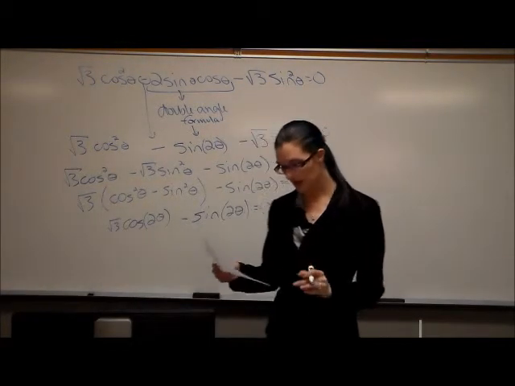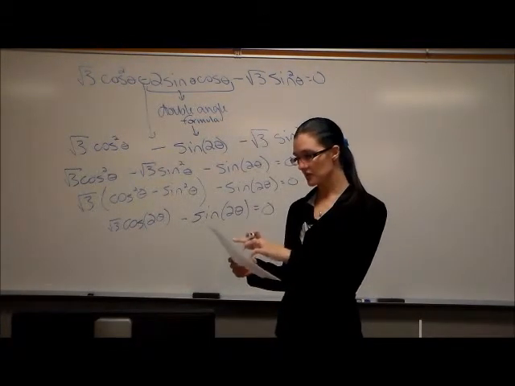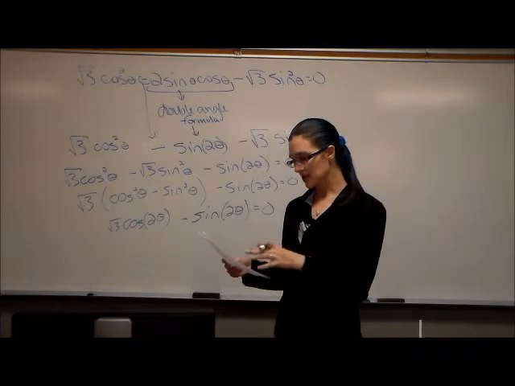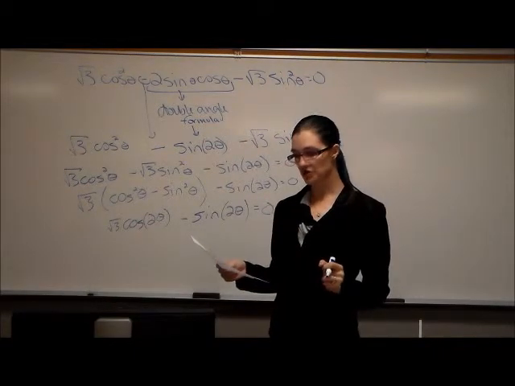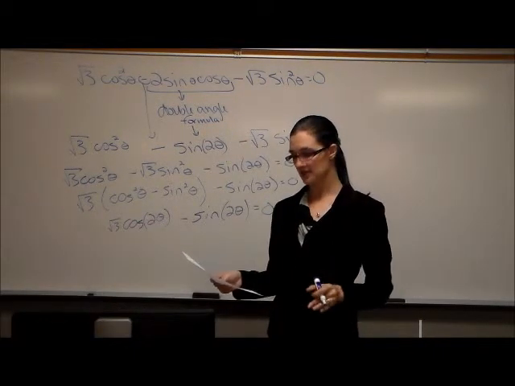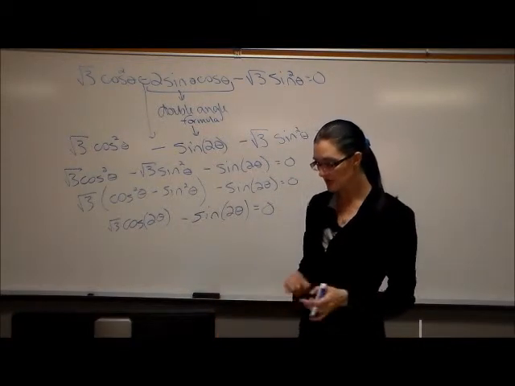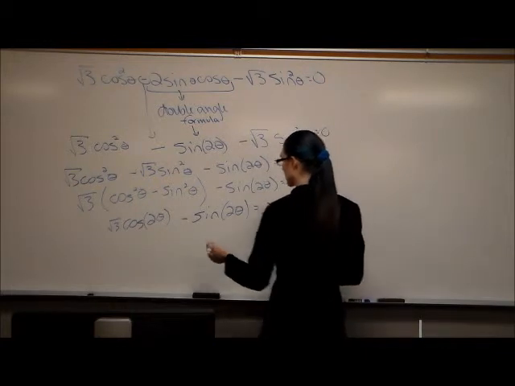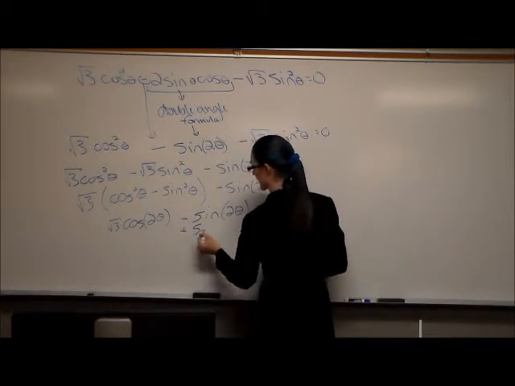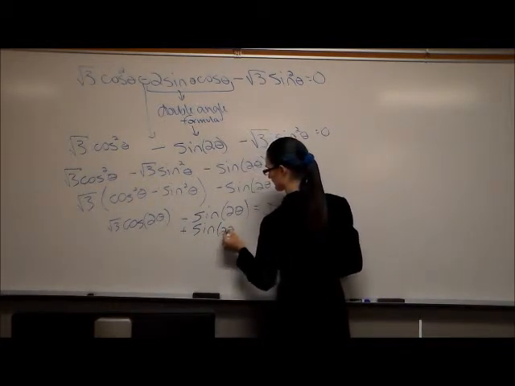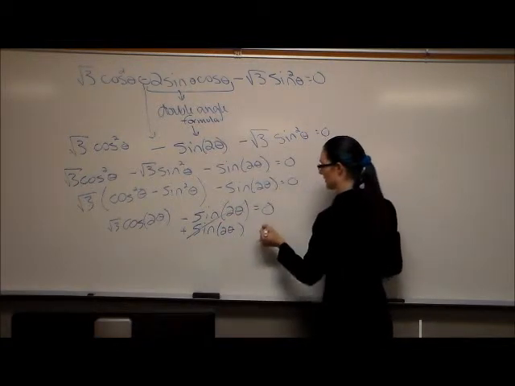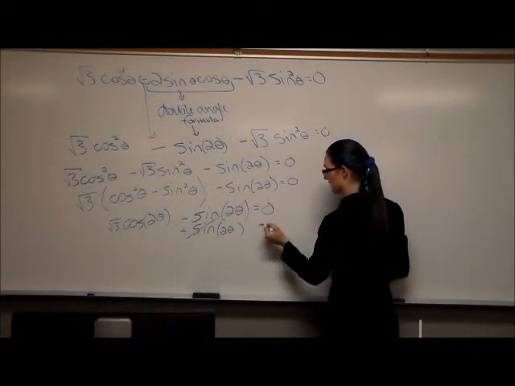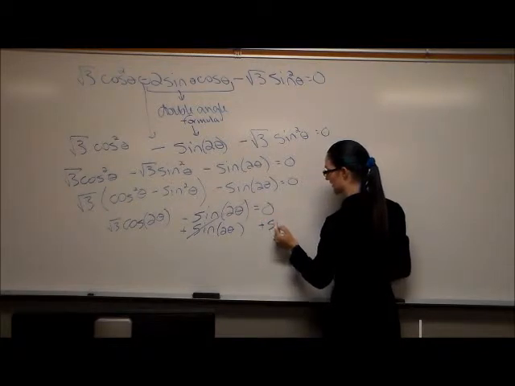What we're trying to do is we're trying to use one of your tangent equals sine over cosine, the quotient identity towards the top on the left-hand side. It says tangent of a number equals sine of a number over cosine of a number. So if we can take this and make it where it's sine over cosine, then we can figure out one more thing to simplify it down and get it that much smaller.